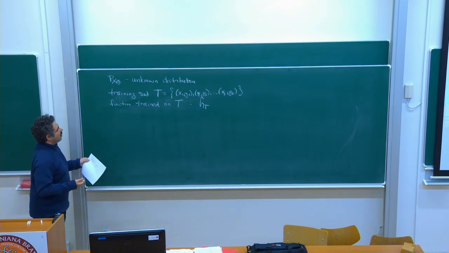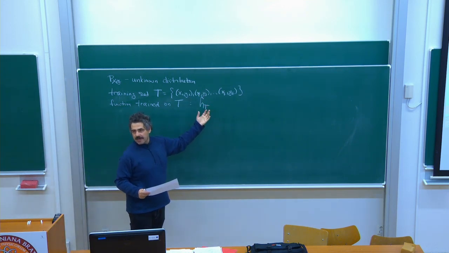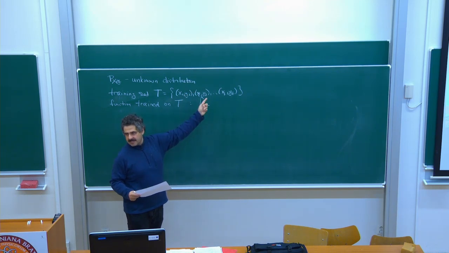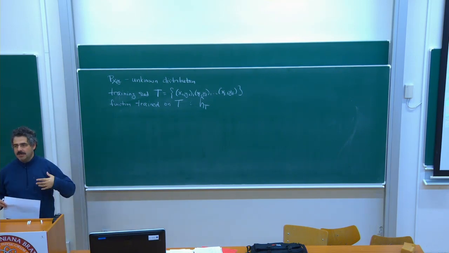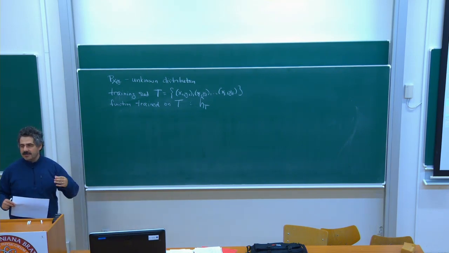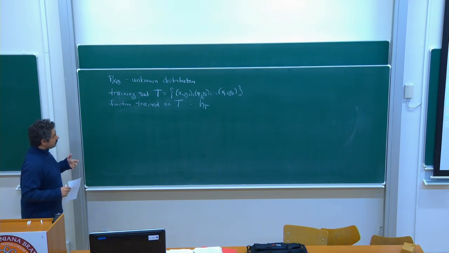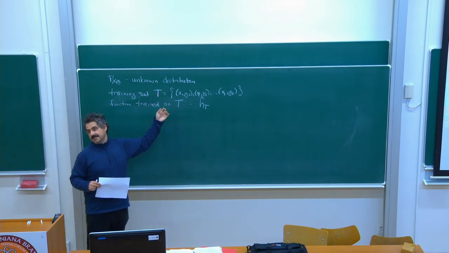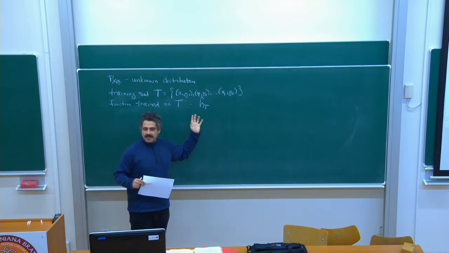If you think about it, this function can be good or can be bad depending on how representative this training set is, right? In the extreme case, if you just have one training sample, it's very difficult to choose some good function just based on one training sample. But we also want to account for these cases. So this function can be very good or very bad. It can have a good training error, can have a bad training error.